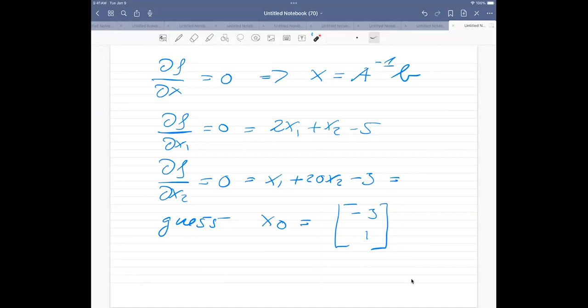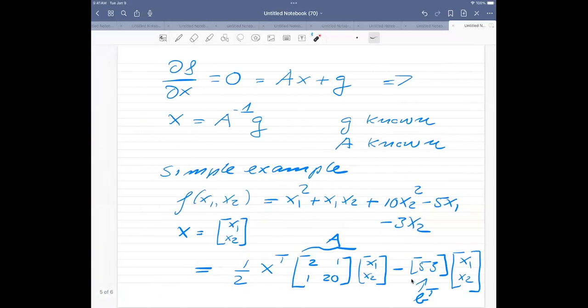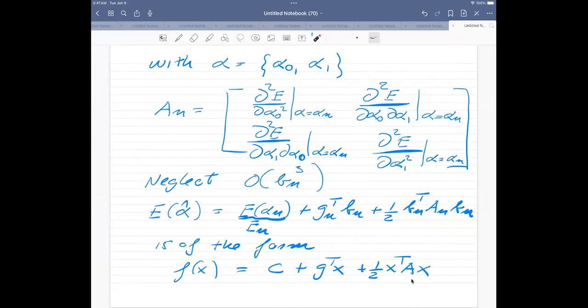If the matrix is positive definite, it will always converge to the exact solution, irrespective of starting point. If you start far away from the minimum, it will take more time to get there. That's the same with the optimization of the energy. So after the break, we are going to go back to the expression which we had here, this one.